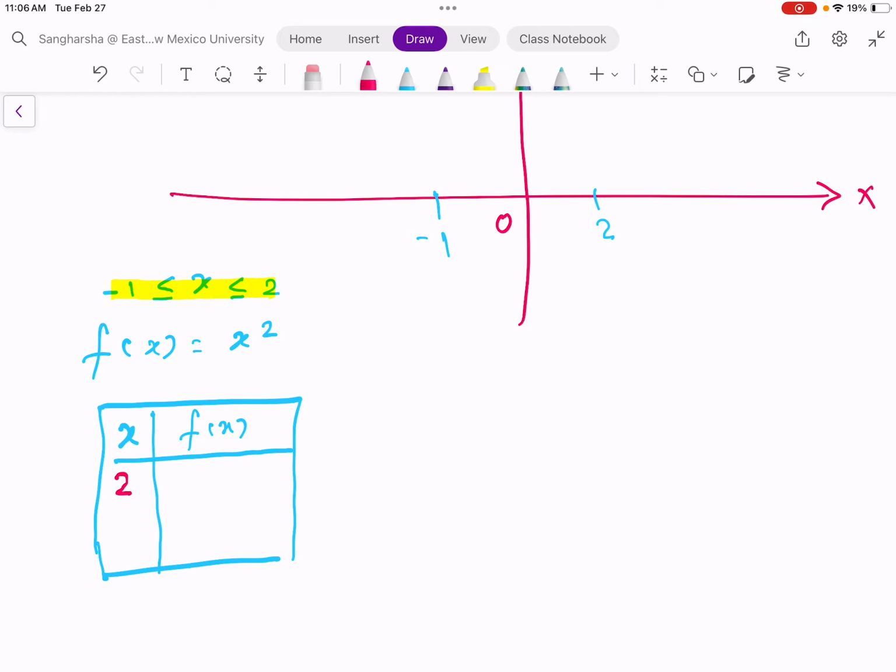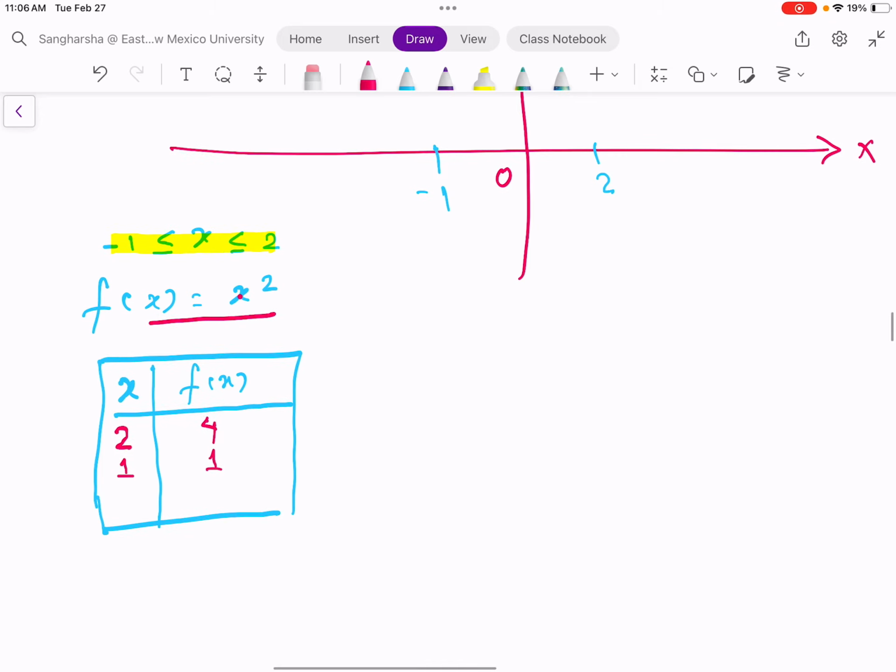You substitute for x in this function. So we have 2 squared, that is 4. Next, Peter, can you choose one more input for this function? 1. Yes, we can choose 1. When x is 1, what would be f of x? It's 1 squared, which is equal to 1.